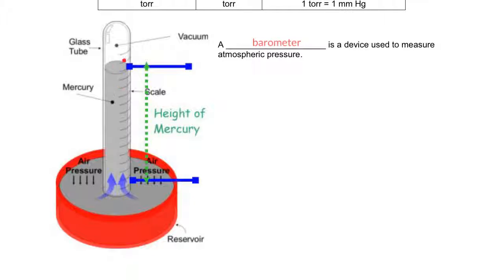And that distance was measured in millimeters, so that's where the unit millimeters of mercury comes from. It's how many millimeters the mercury moved up the tube, and that's a measure of air pressure. So that's the basic design of any barometer, and that's what's still in use today.